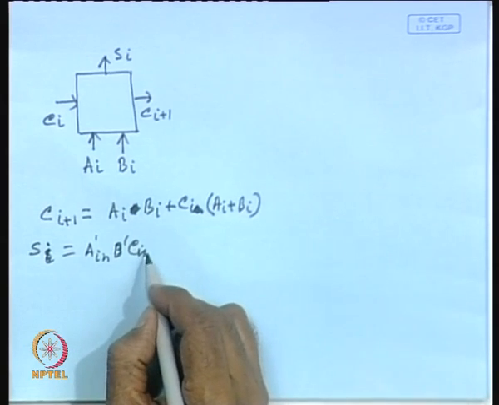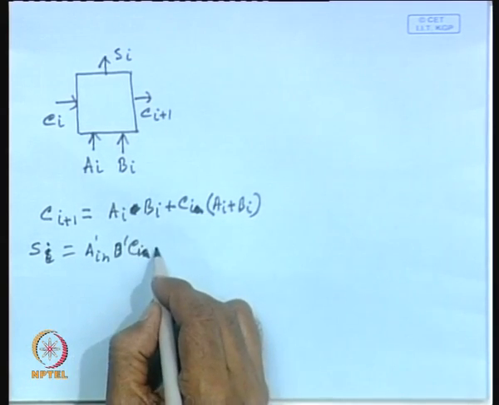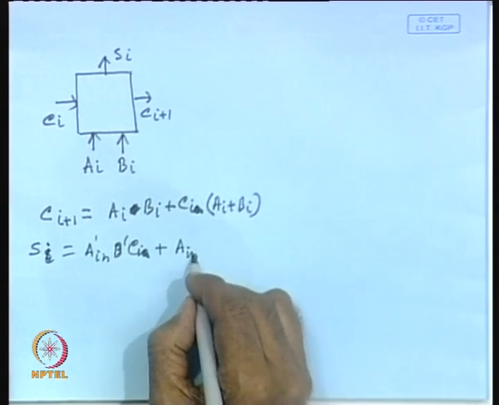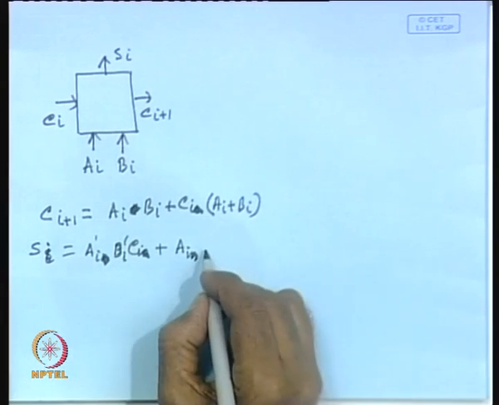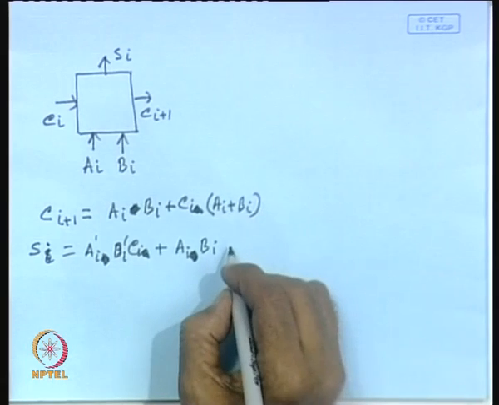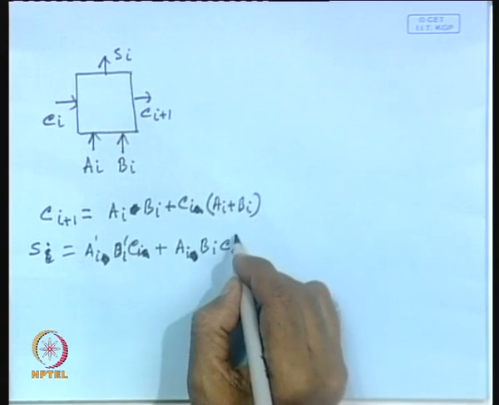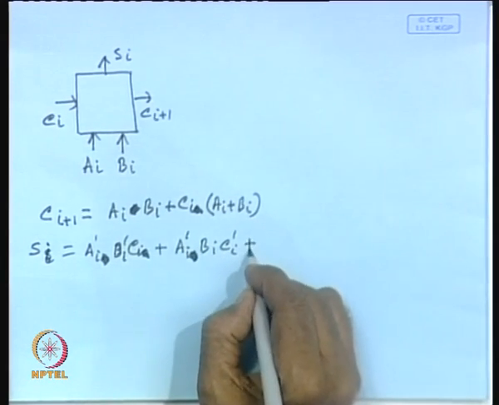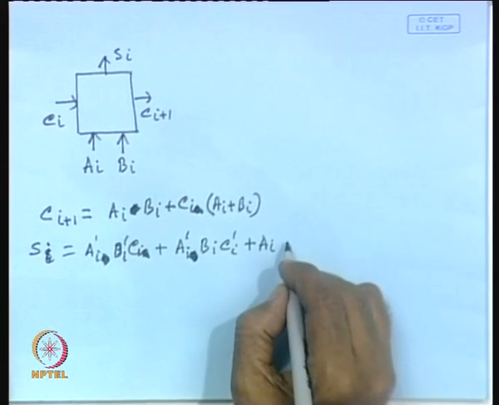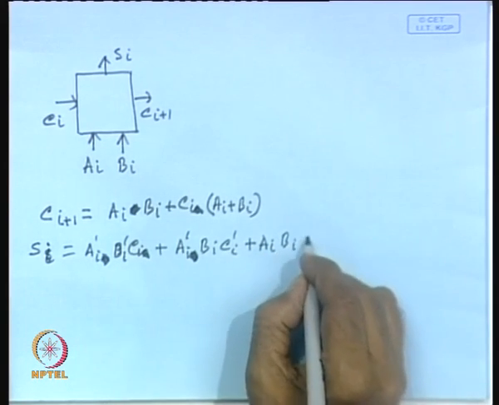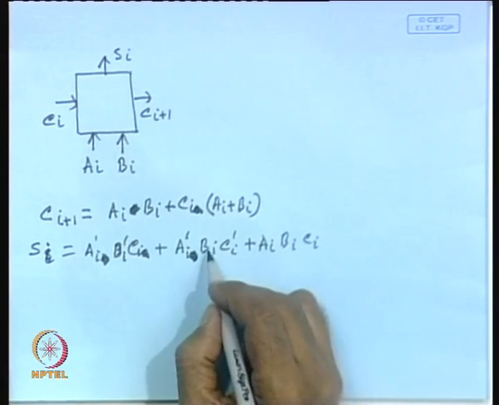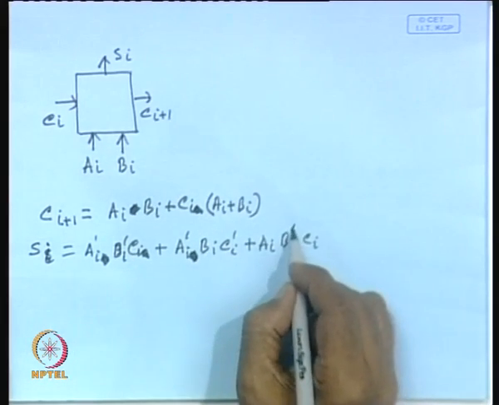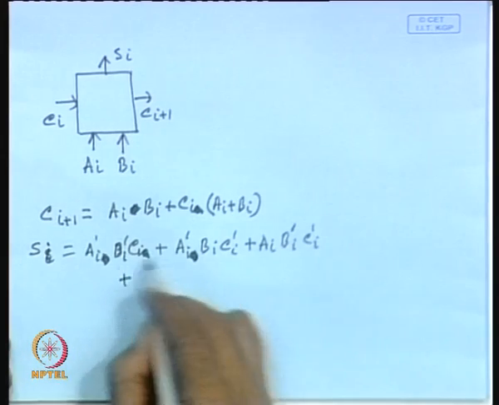That means, if this is one of the inputs is 1, or it can be Ai dash, Bi, Ci dash, that means in this case this is complement, this is complement, or it can be Ai, Bi, Ci, in this case this is 1, this is 1, so this is 1, or odd number of inputs are 1.